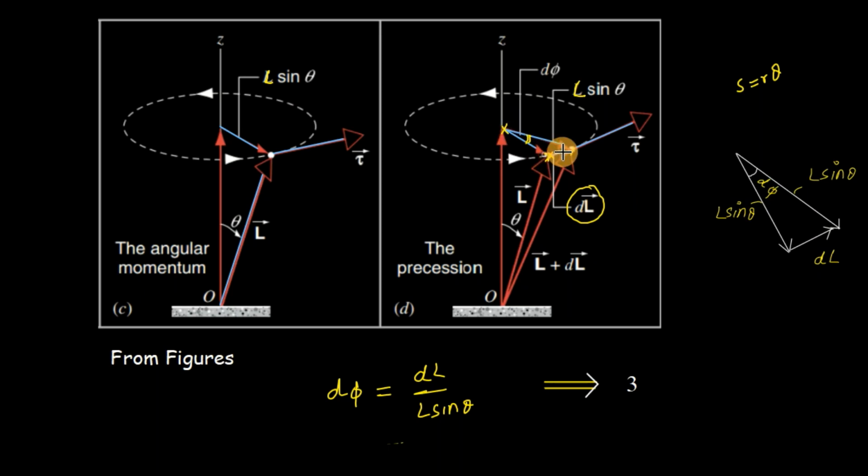So we obtain the change in angular displacement d phi equal to dL divided by L sin theta, where this is known as dL, this r is known as L sin theta, and this theta is known as d phi. So angular displacement d phi equal to dL divided by L sin theta.